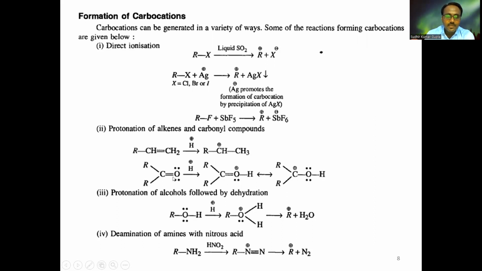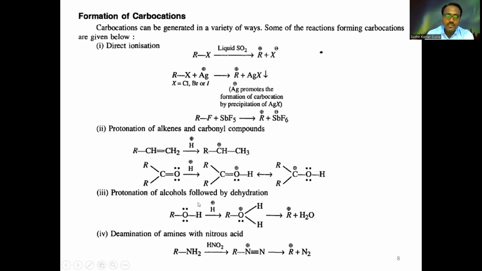So here we are protonating this carbonyl compound. In this case, this H plus will be attached to this oxygen. We will have this hydroxyl group, and this positive charge on the oxygen atom can resonate, it can be shifted towards this carbon atom, and we can get a carbocation.